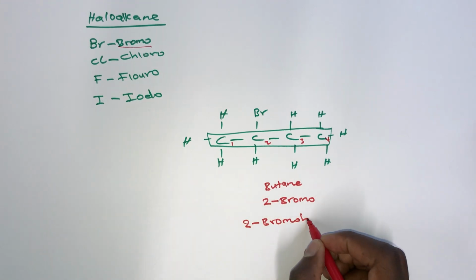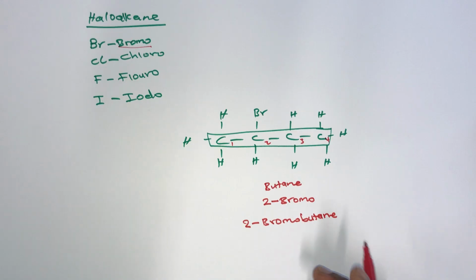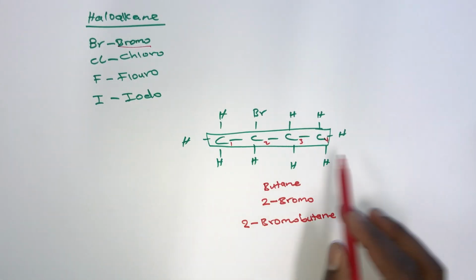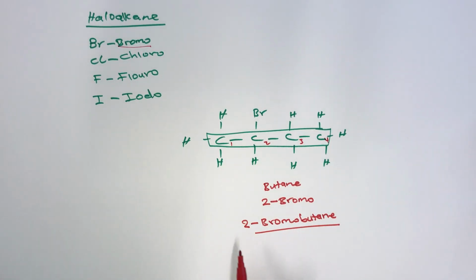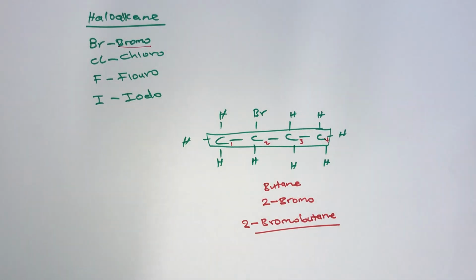Then with what? Butane. Make sure this one is a small letter because it's one name. There is no way you can write a capital letter in the middle of the name. So the name of this structure is going to be 2-bromobutane. This 2 means the position of bromine on the carbon chain is position number 2.